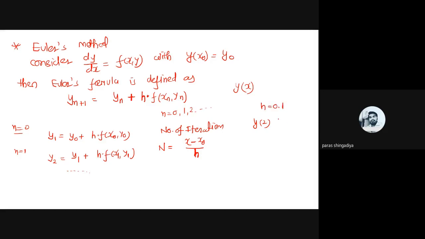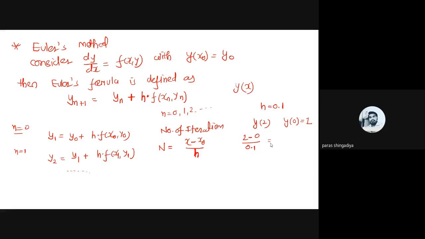And x0 is equal to 0, means y of 0 is equal to 1. Suppose that is the initial condition. So what will be the answer? 2 minus 0, divided by 0.1, so 2 divided by 0.1.